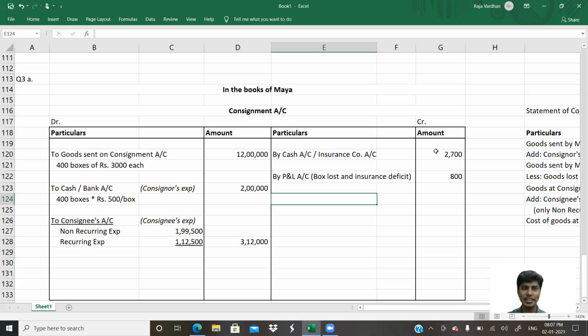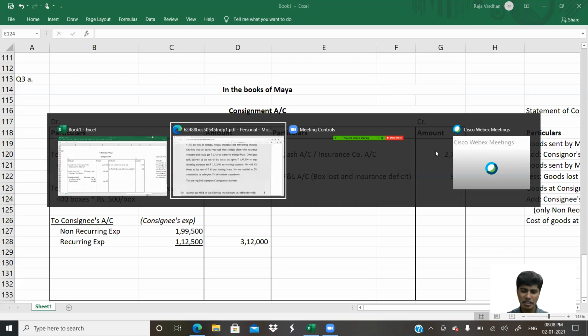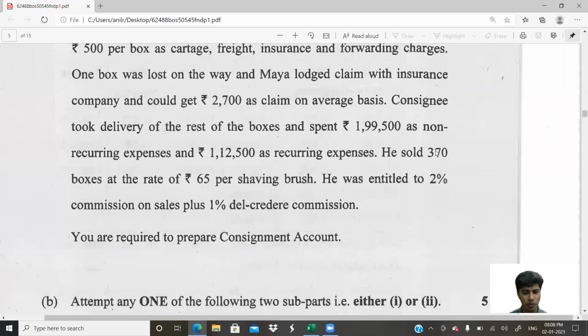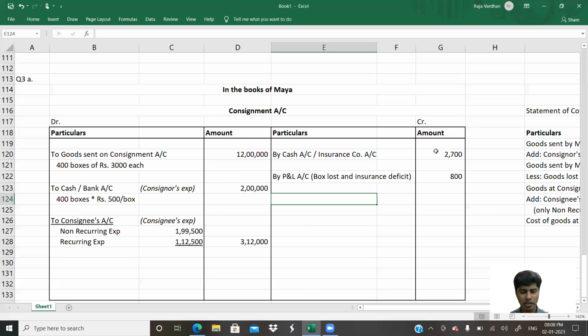So the journal entry that I should pass is consignee account debit to consignment account. I'm assuming that the consignee is yet to pay us. You get that? If we directly received the cash, then I would write cash account debit. Here I'll write consignee account. This is sales.